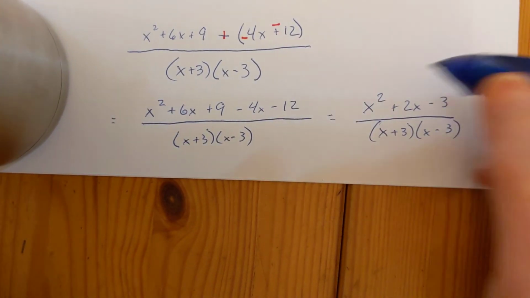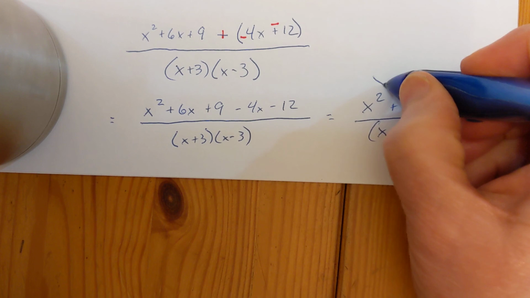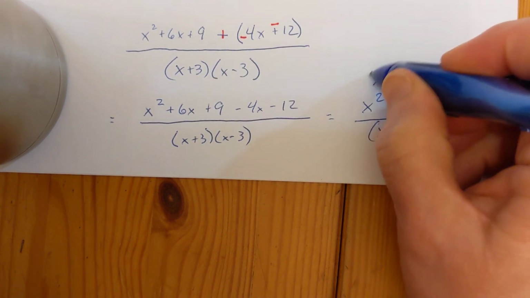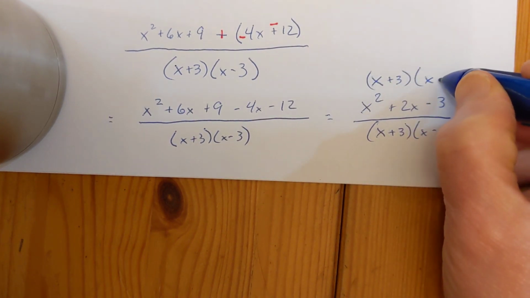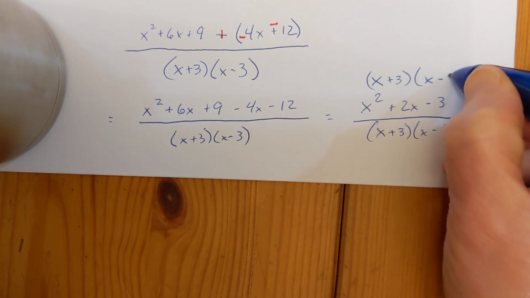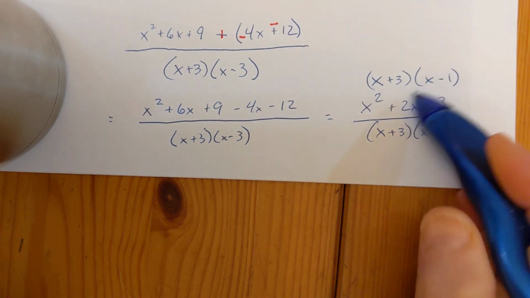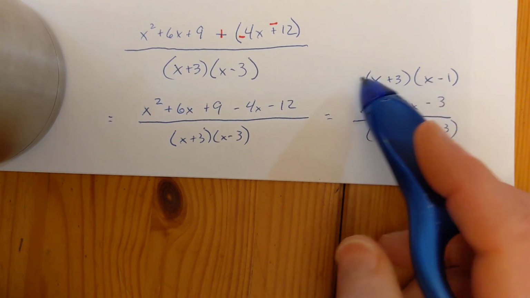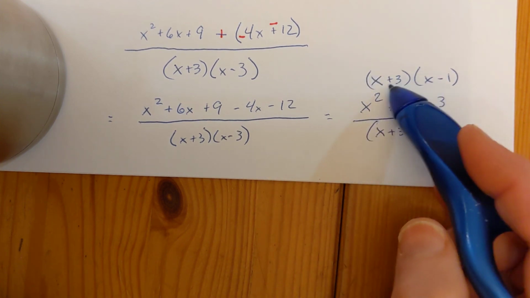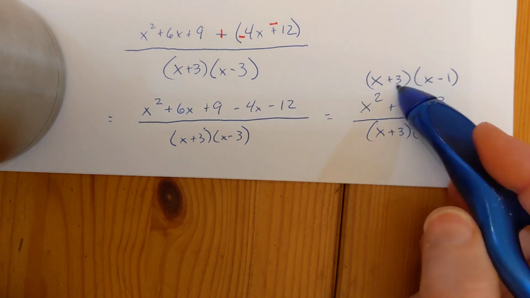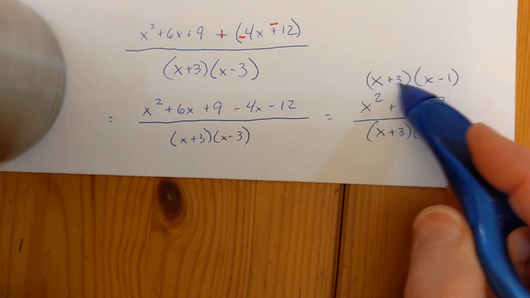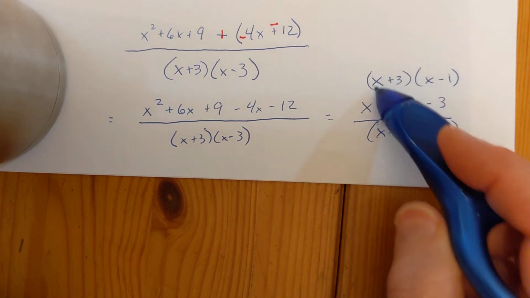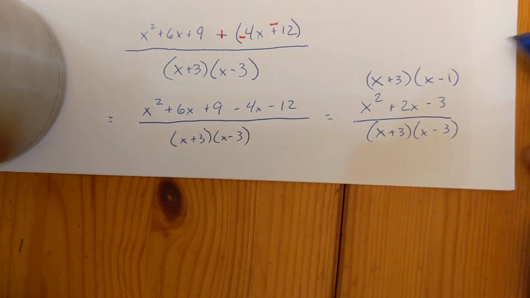And yes, indeed, this does factor. It's going to factor as x plus 3 times x minus 1. I factored it by guess and check. Check. That first term is x squared. The last term is negative 3. This middle term is 3x minus x, which is positive 2x.